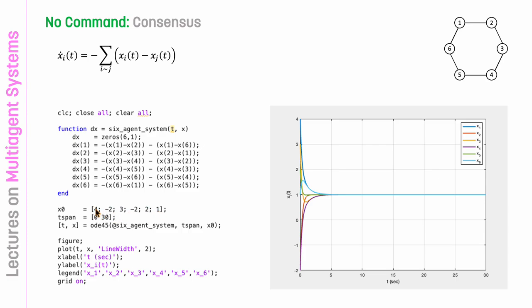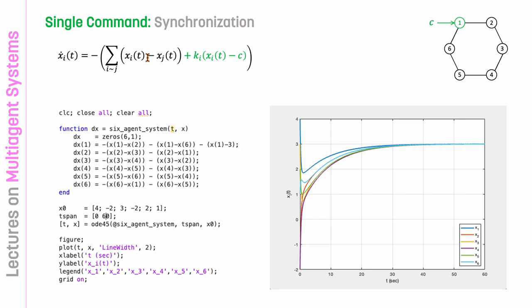This is not necessarily the case for directed graphs, if you remember our previous lectures, but for today, undirected case, if you sum them up, 4 plus minus 2, 2, 5, 3 plus 2, 5 plus 1, 6. 6 divided by 6 agents is 1. So agents converge to 1 when there is no external command.